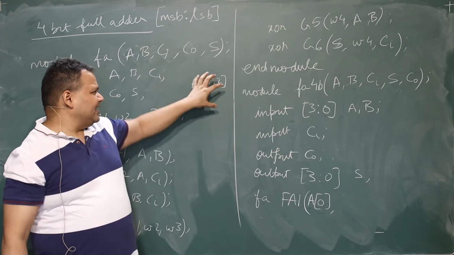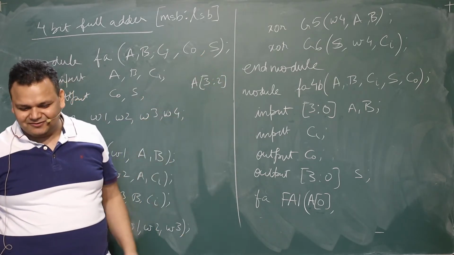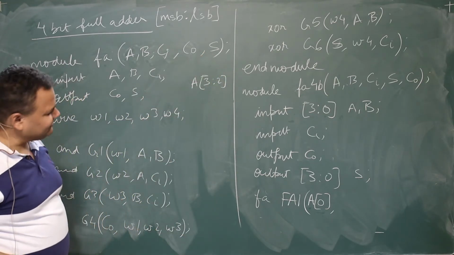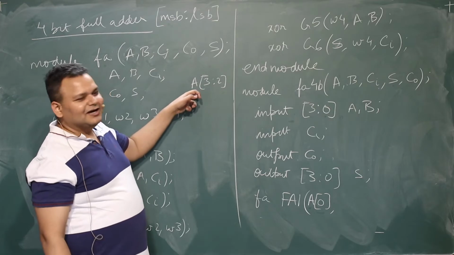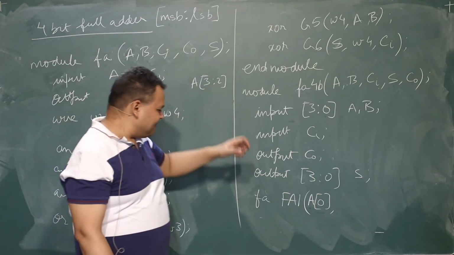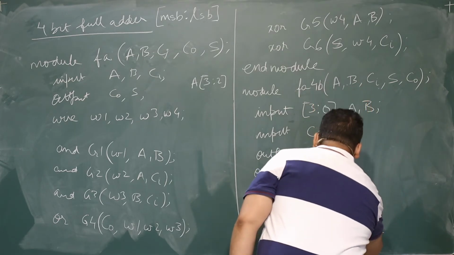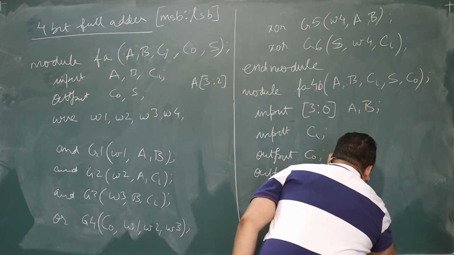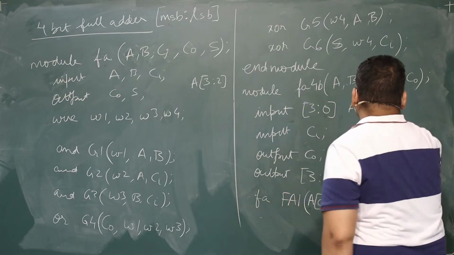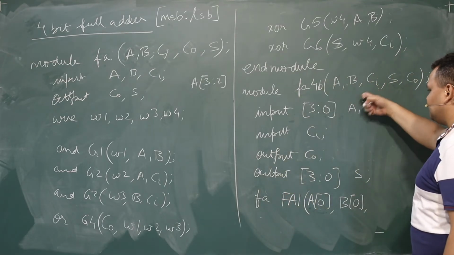This is called partial selection, or some word is there, I forgot the exact technical term for it, but you understand the point. So you are selecting one bit here. Similarly, you will select B0, and CI is already given to you as one of the inputs.